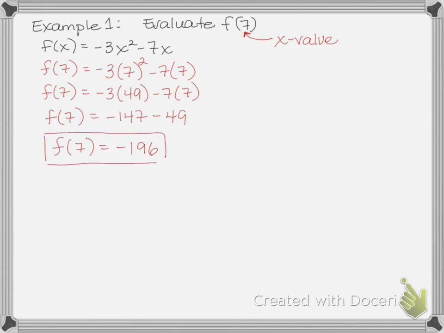So what you basically are telling me is that when x is 7, my y value, or better yet, because we're trying to move away from xy, my f of x value is negative 196, okay? And I just want you guys to realize that it really is just saying your coordinate is 7, negative 196.